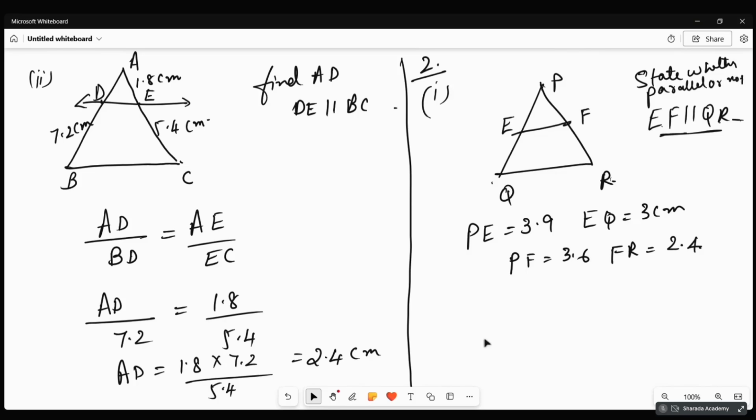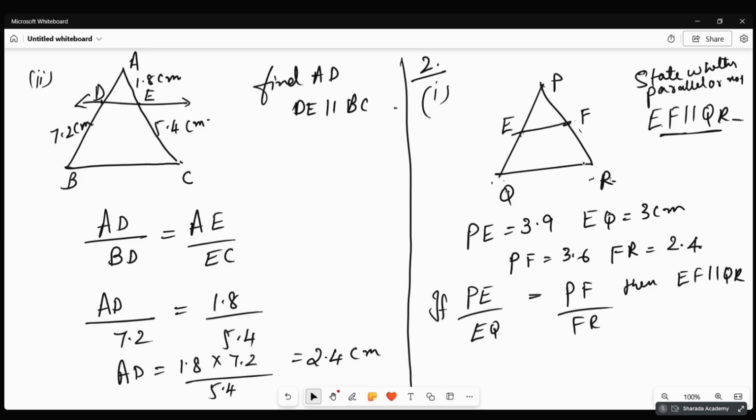So how to verify? If PE by EQ is equal to PF by FR, then EF is parallel to QR. If this is not equal, then EF is not parallel to QR. Understood? See, by converse, we know that PE by EQ is equal to PF by FR.